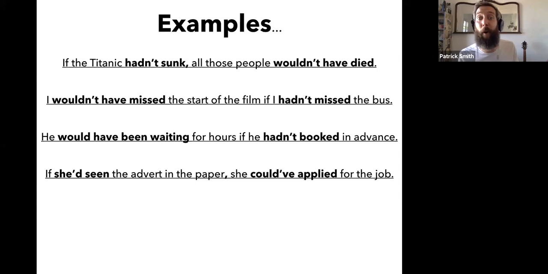Now contractions. If she'd, in this case, she'd is she had, not she would. We have to be super careful with this, because when we see this contracted apostrophe d, sometimes it's had, sometimes it's would. It depends on the phrase. But in this case, we know that it's had because it's the past perfect.